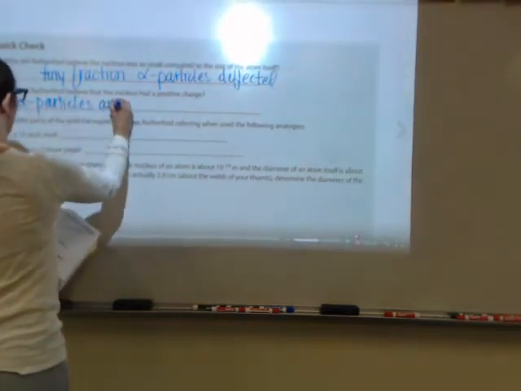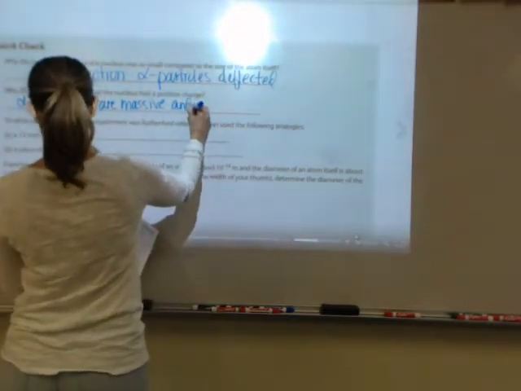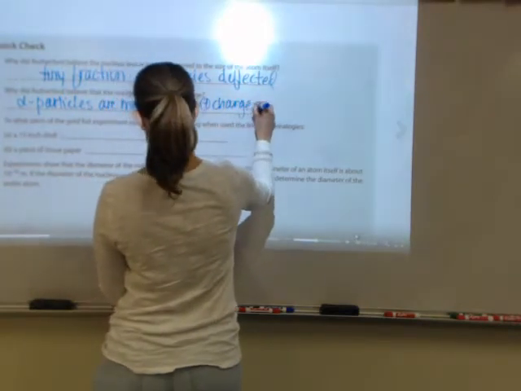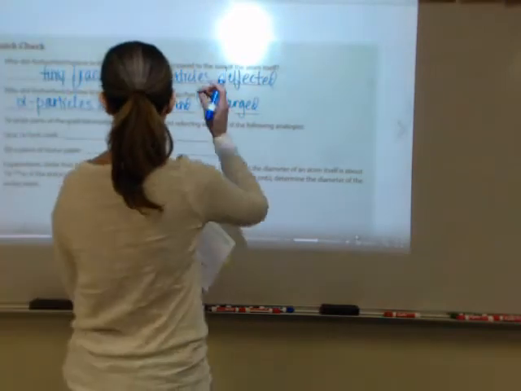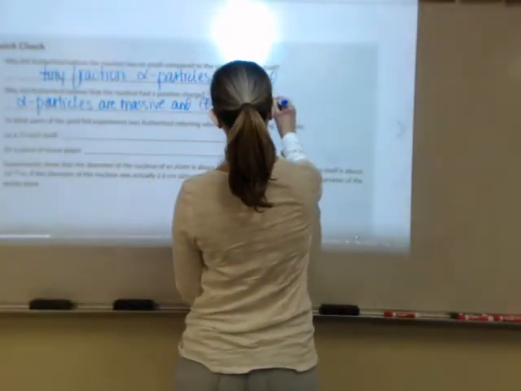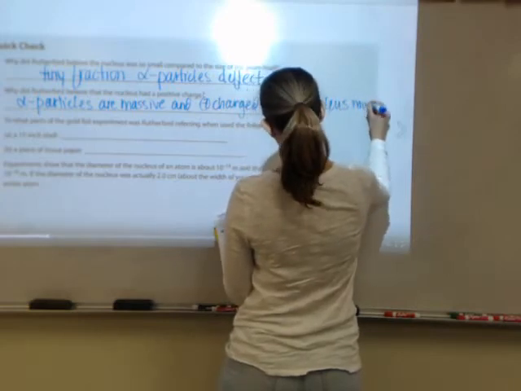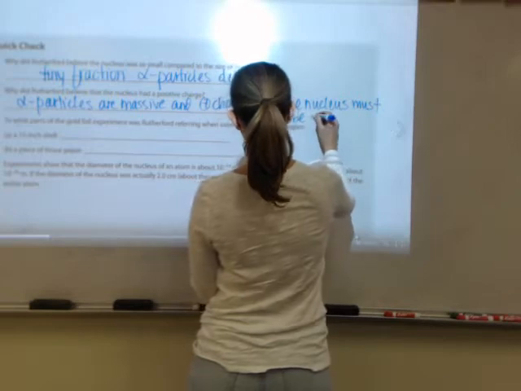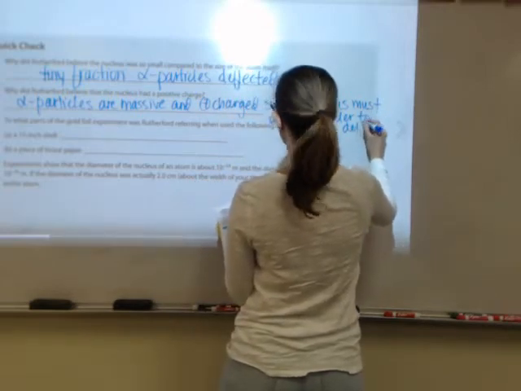Alpha particles are pretty massive, and the positive charge is what allowed it to be deflected. So alpha particles are massive and positively charged, so the nucleus must also be in order to deflect it.